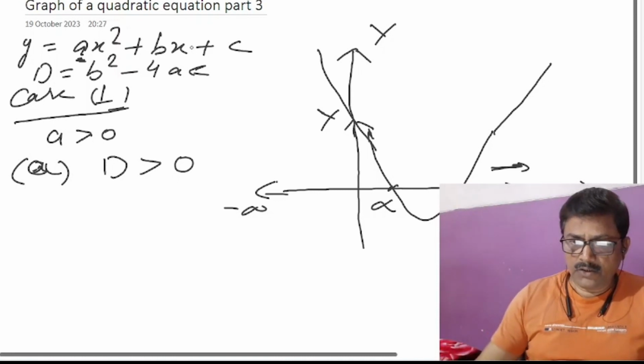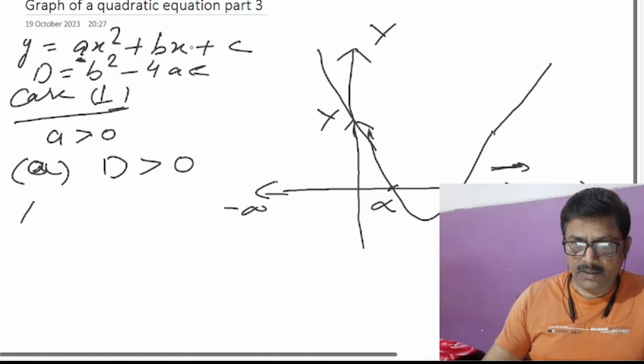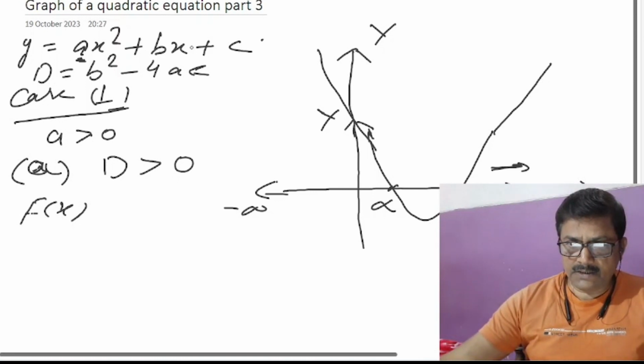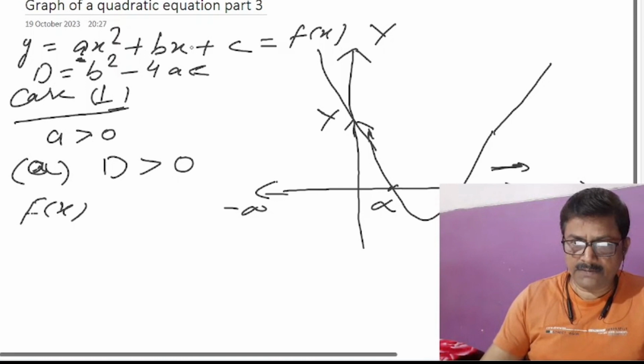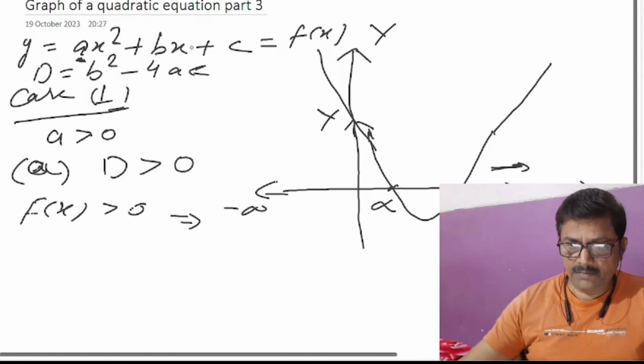Okay. So our quadratic, you can say f(x), y and f(x) are the same. You can say y or you can say f(x). So f(x) will be positive in which interval?